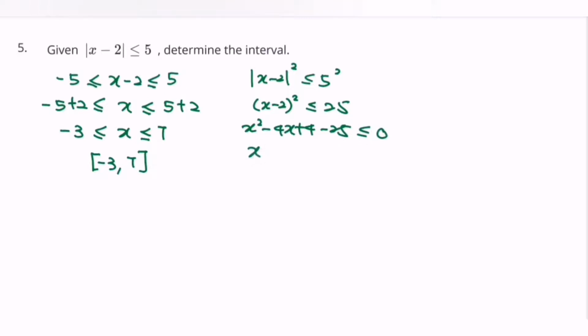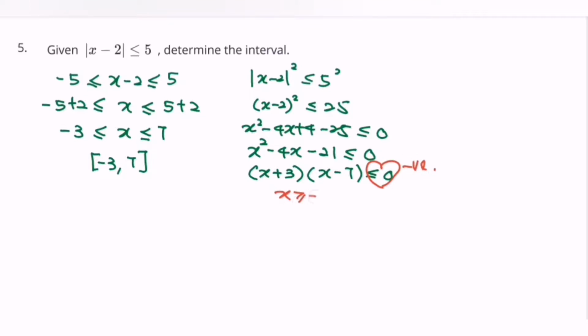From here, if we factorize, x minus 3, x minus 7 less than or equal to 0. So here we have the positive sign, so we have the simplest form, which is the negative. So x greater or equal to negative 3, x less than or equal to 7.